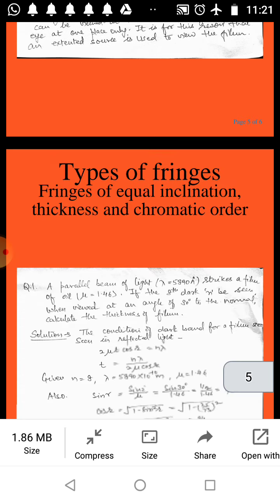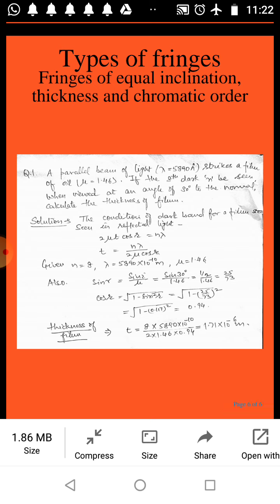Now, we will discuss a numerical question. The problem: a parallel beam of light having lambda equal to 5890 angstrom strikes a film of oil having mu 1.46. If the eighth dark band is seen when viewed at an angle of 30 degrees to the normal, calculate the thickness of the film.